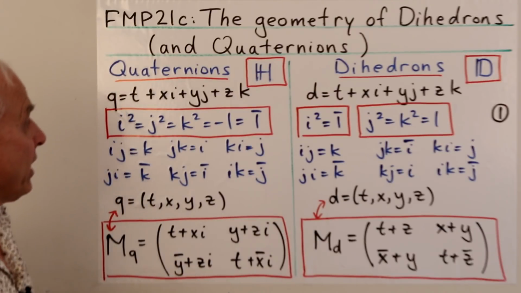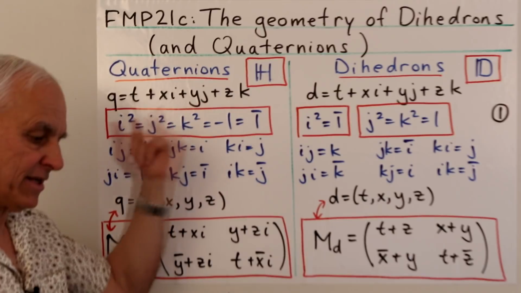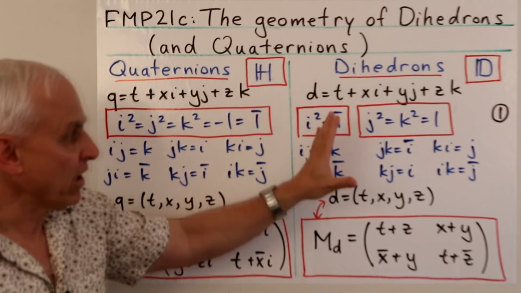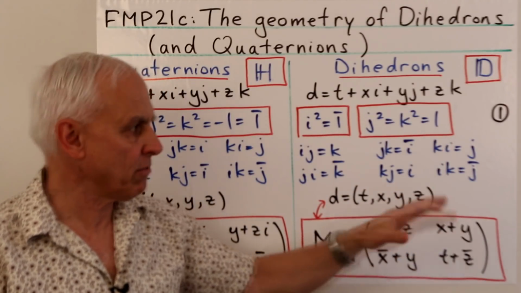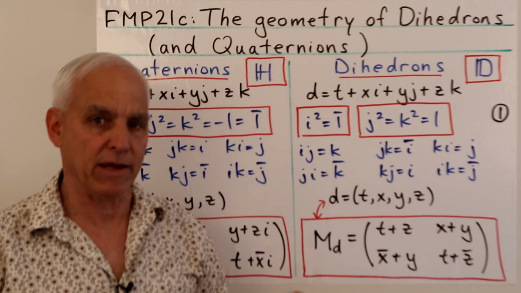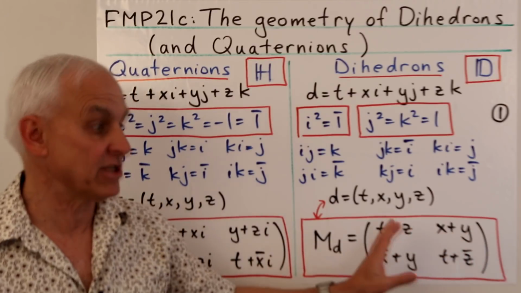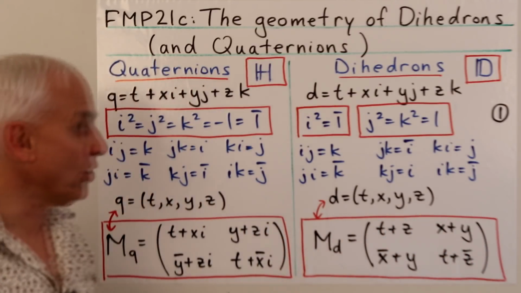Okay, so here on this side are quaternions, very familiar since the days of Hamilton back in the 1850s and so on. Over here, the dihedrons. Much less familiar, and this is a very novel point of view, I think. Even though ultimately the objects are very familiar and have been studied hugely, we're looking at them from a somewhat new perspective.